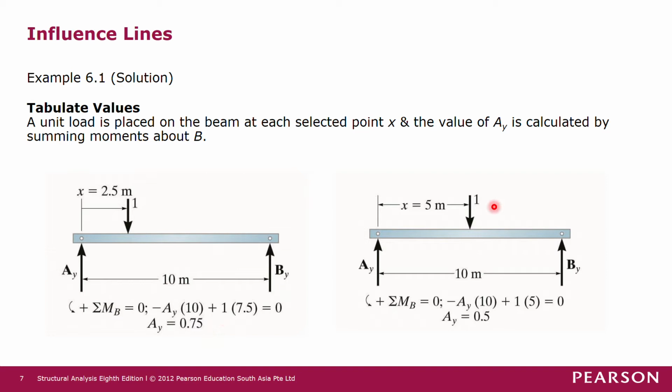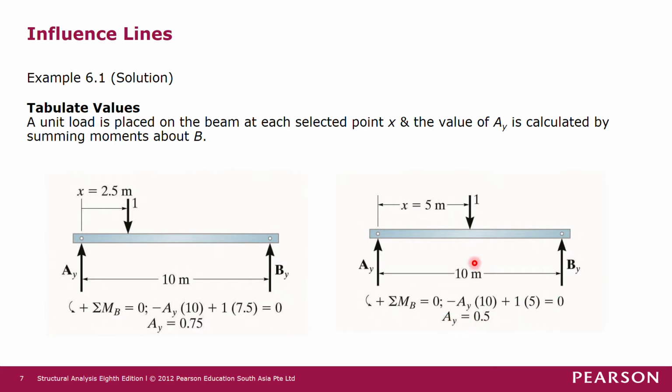And then if the 1 unit force is acting at 5 meters from joint A, then if you sum moment at joint B, we have minus AY times 10 plus 1 times 5 equals 0, and then AY equals 0.5.